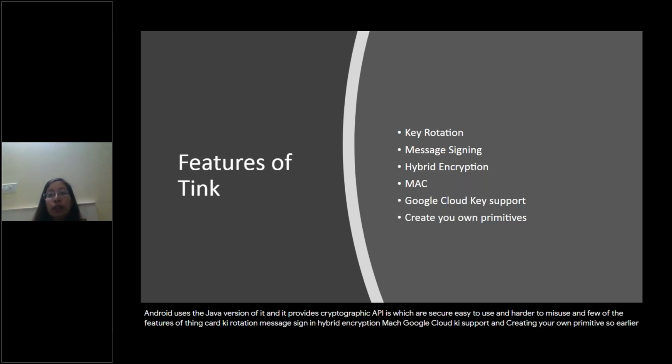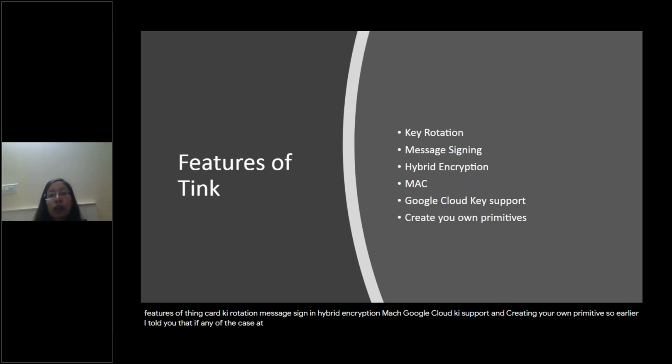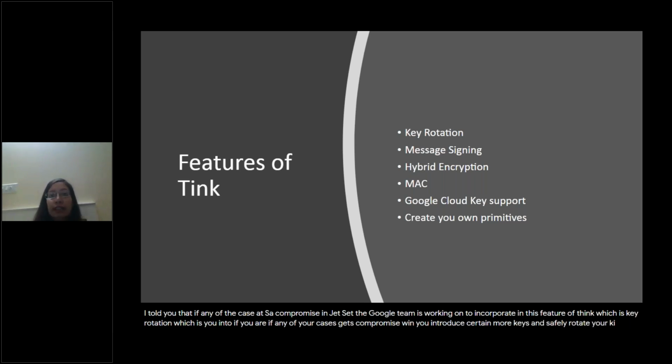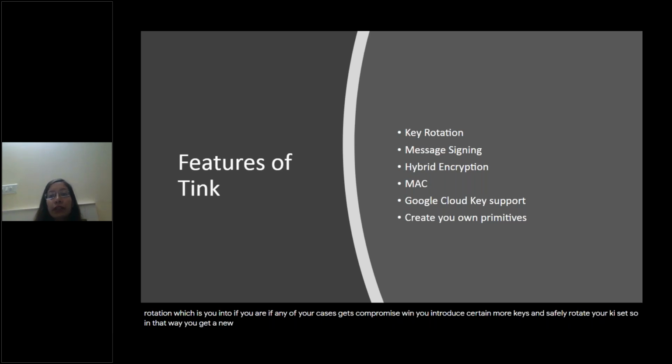Earlier I told you that if any of the key sets are compromised in JetSec, the Google team is working on incorporating this feature of Tink, which is key rotation: if any of your key sets gets compromised, you introduce some more keys and simply rotate your key sets. In that way, you get a new collection of key sets and you can use them.